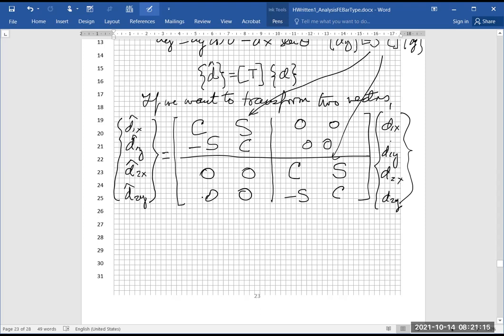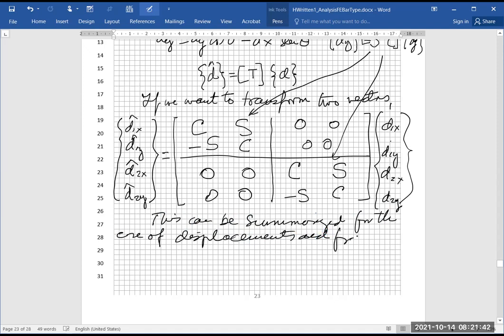So in general, we can say, for example, that since we have two vectors, and we're going to apply this in the case of the bars, when we have two displacements, this can be summarized for the case of displacements and forces. As I said before, both are vectors.